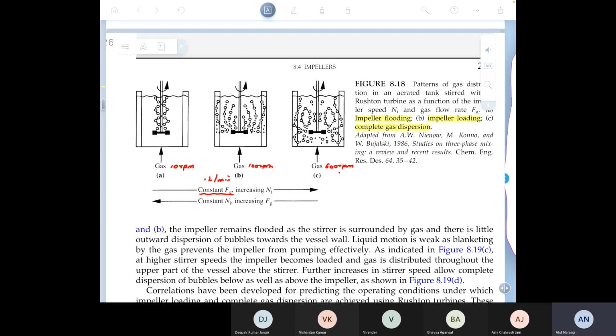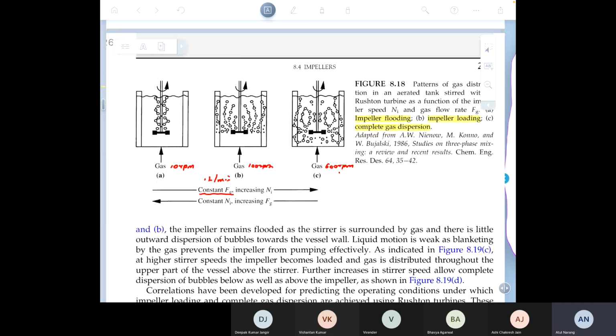And if you do that, you move in the backward direction. So at very, very low flow rates and constant N sub I, you will get the picture on the right.